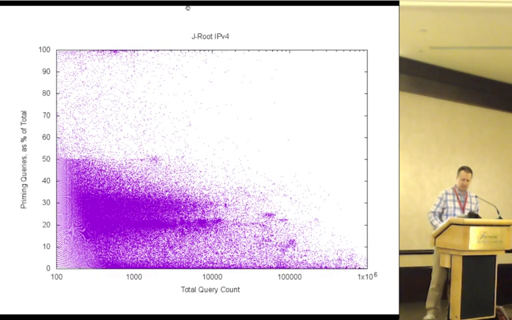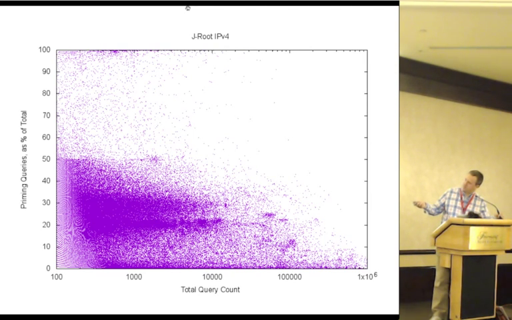This is what it looks like for the current J-Root IPv4 address. The x-axis here is query count, and it goes from 100 to 1 million logarithmically. I chopped off everything below 100 because you get these distracting moiré patterns, which you can kind of see here.